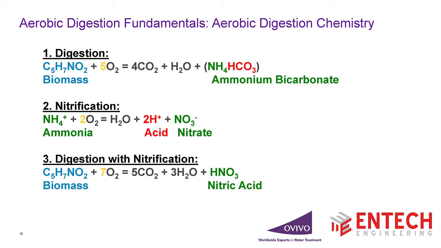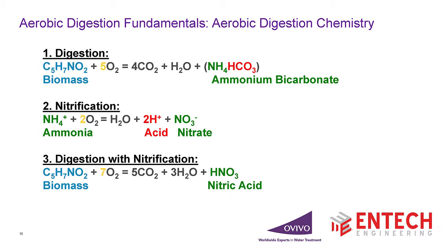So we've added acidity to the reactor through the nitrification process. The units are a little different here, but basically in digestion we create 1 unit of alkalinity.